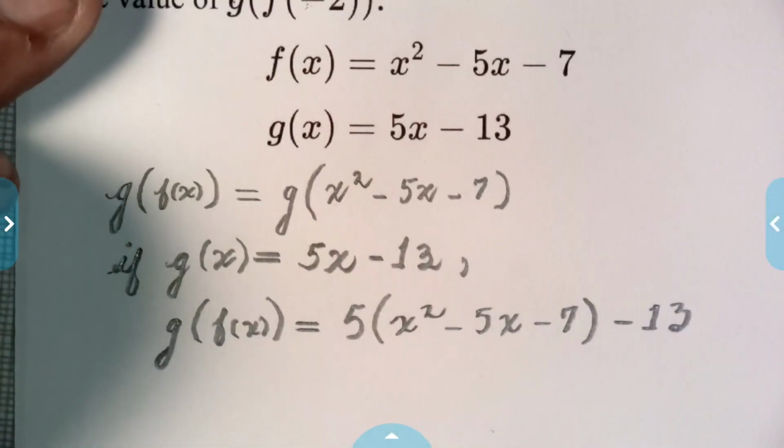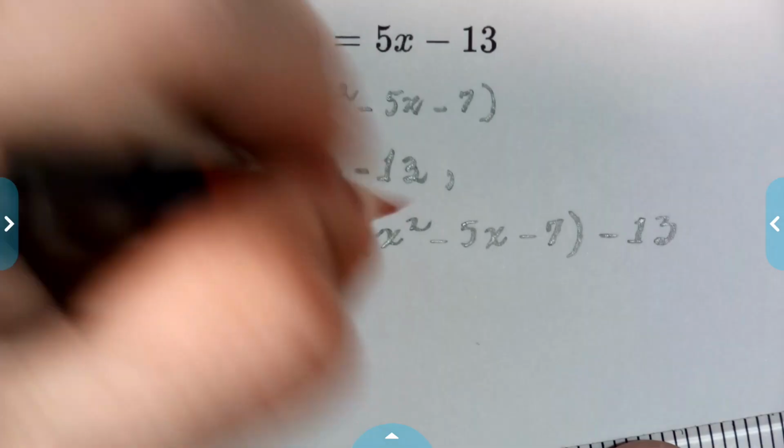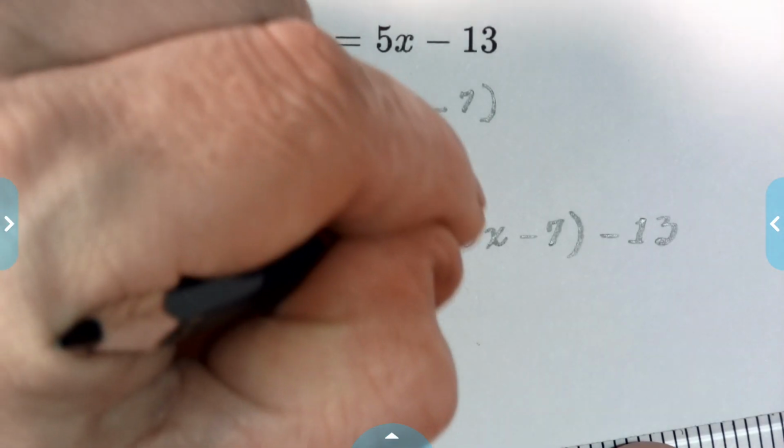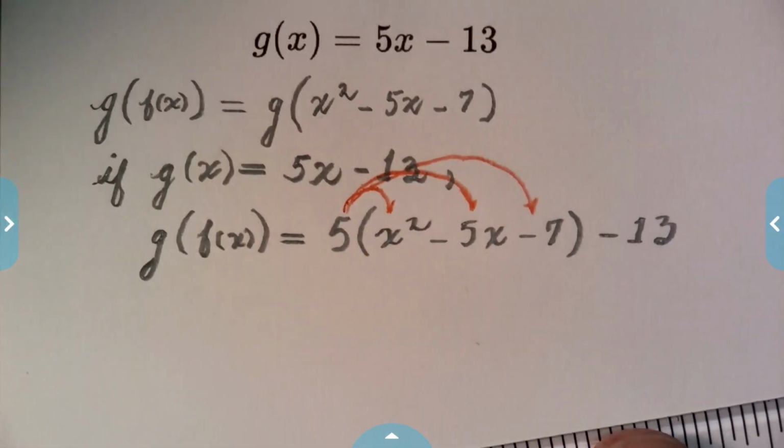Okay, so we're composing these functions, you see, and now all we have to do is distribute this 5 here, here, and here. That doesn't look too bad, does it?